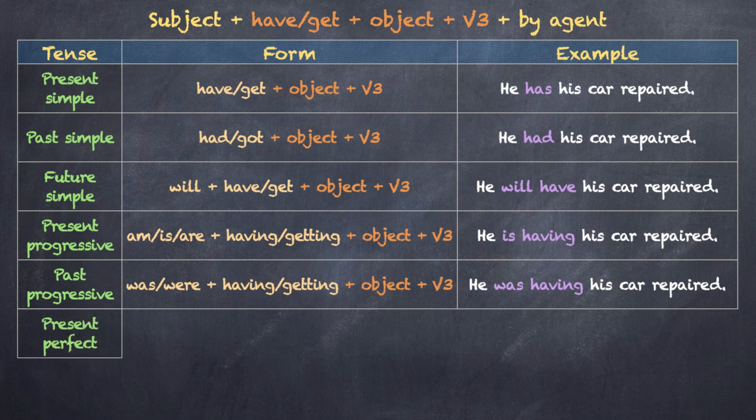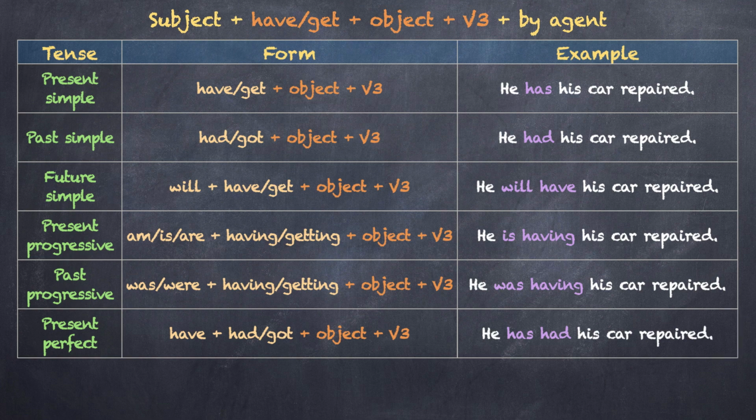Anyway, the present perfect, it will be have plus had or got. So it will be have had or have got, object and verb 3. He has had his car repaired.